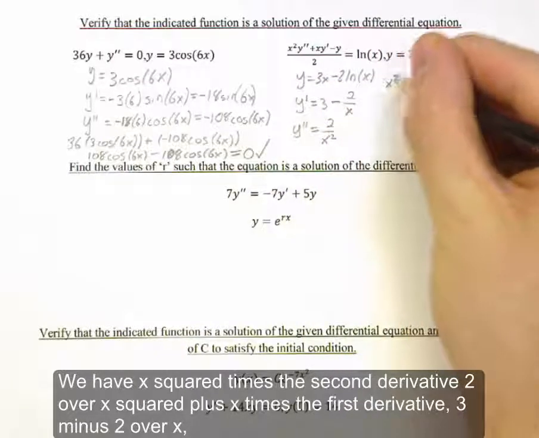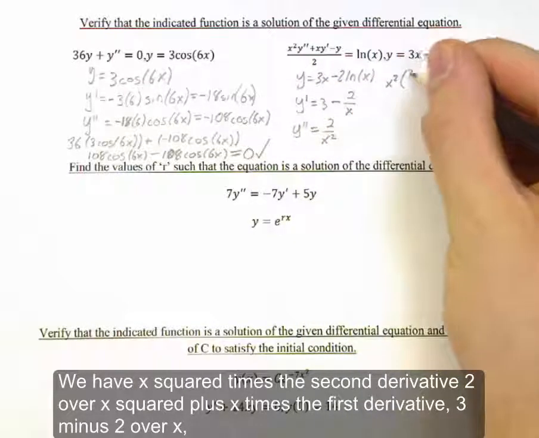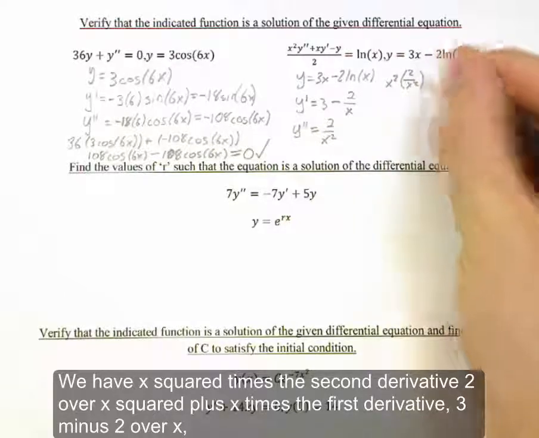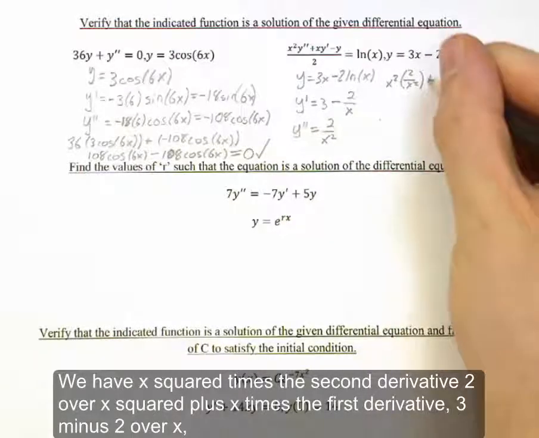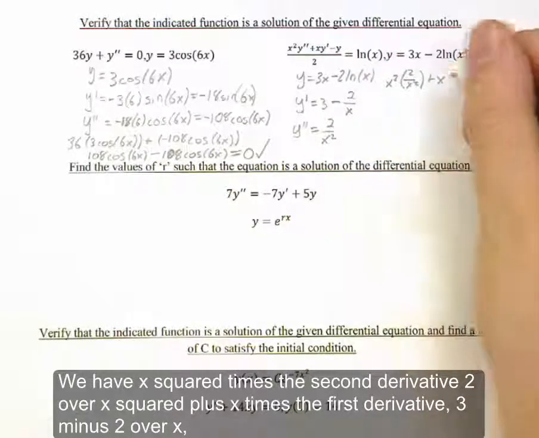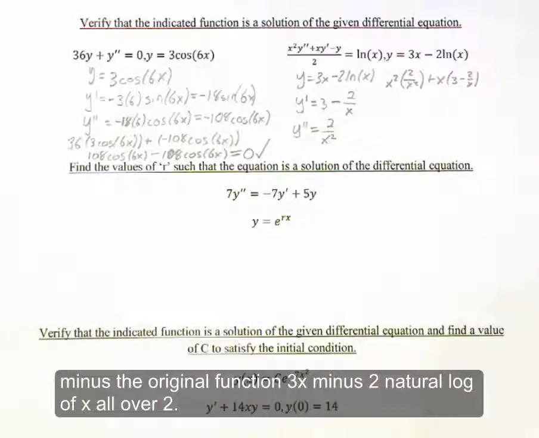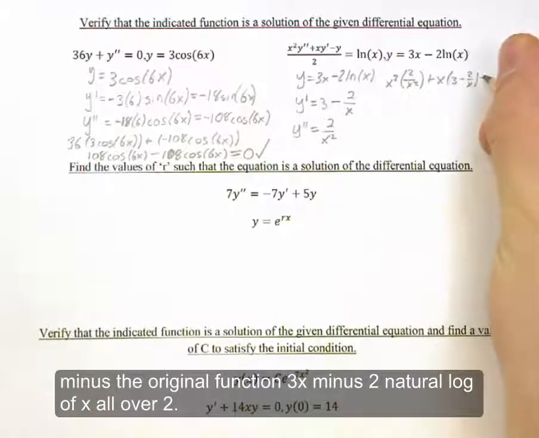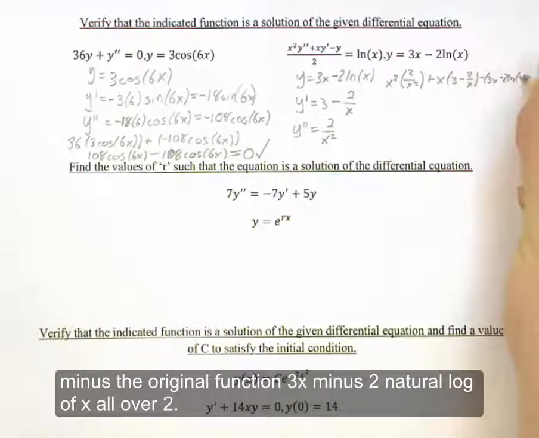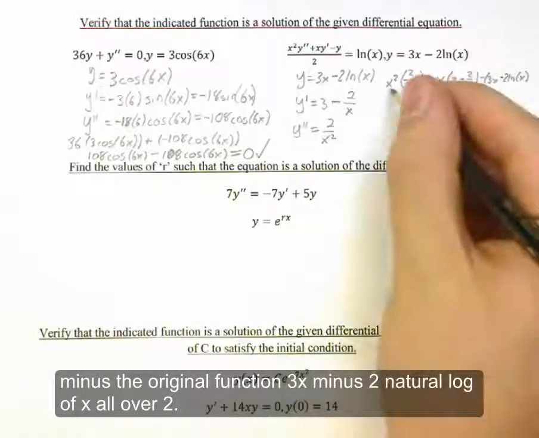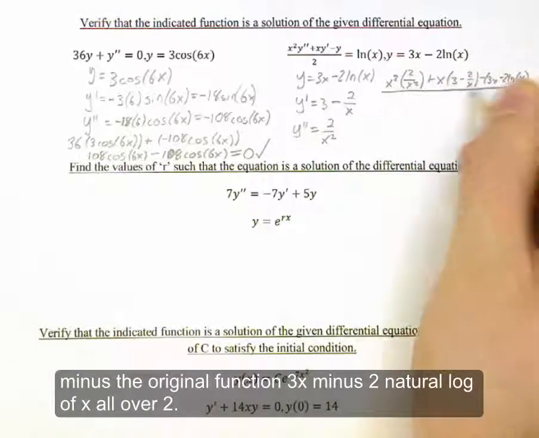We have x squared times the second derivative, 2 over x squared, plus x times the first derivative, 3 minus 2 over x, minus the original function, 3x minus 2 natural log of x, all over 2.